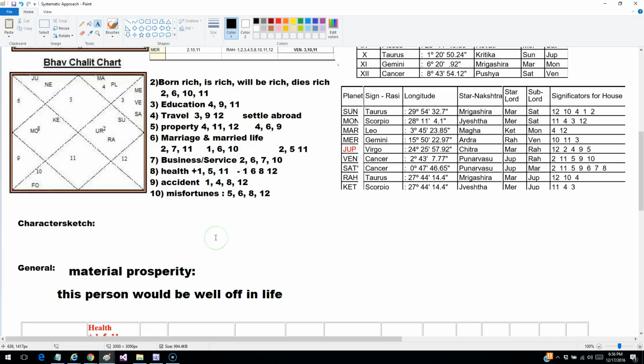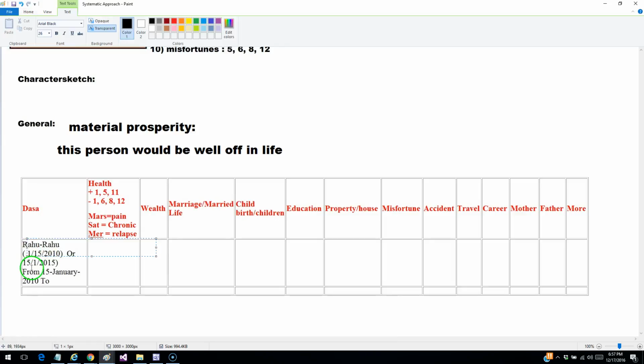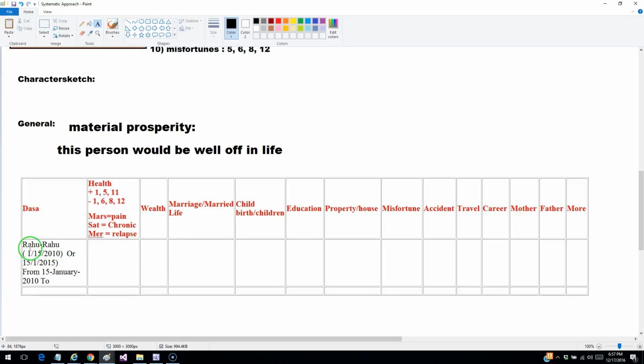But the moment you come to actually timing the event, then you will run into all kinds of issues. What I usually do is that I create a chart in this tabular format, and this is the dasha, you know, the dasha and the bhukti period from this date to this date.